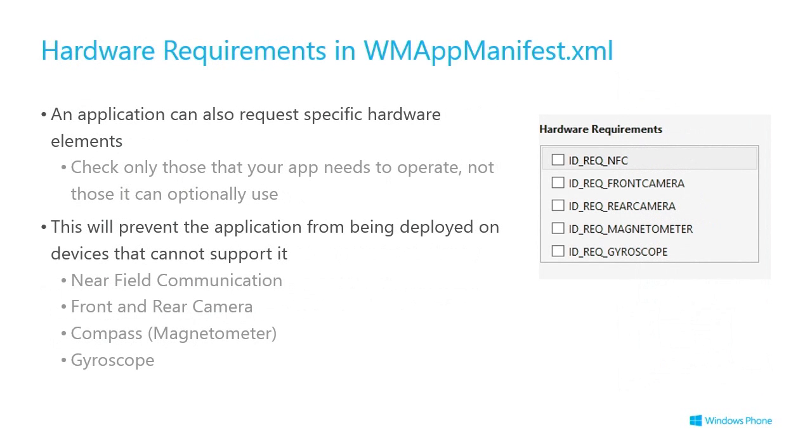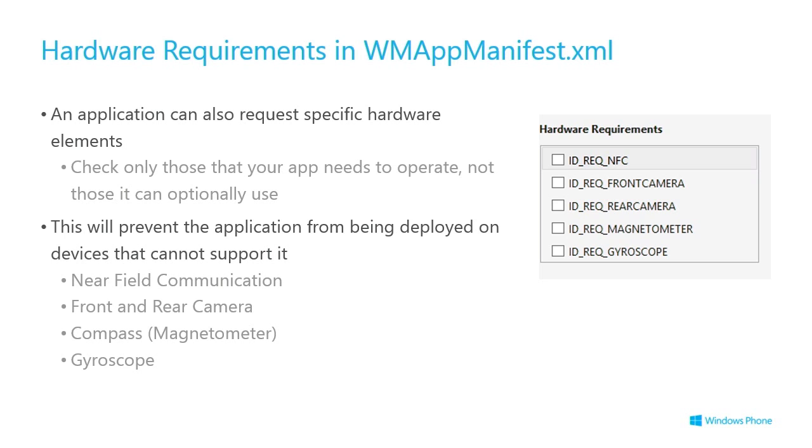There's also a section called hardware requirements. Now these, you don't check if you optionally use them. You need to check these if you have an absolute requirement for them, because this is used to filter the presentation of your app in the store application.